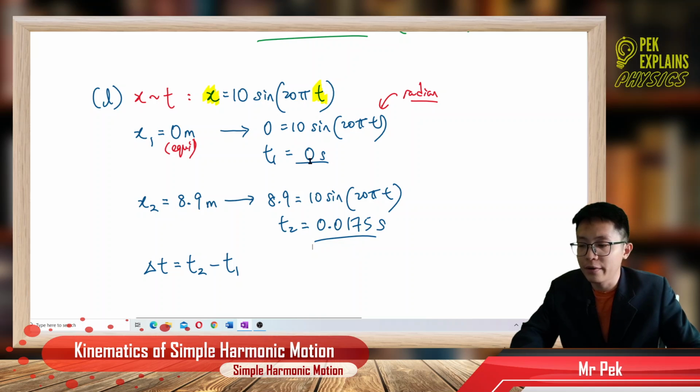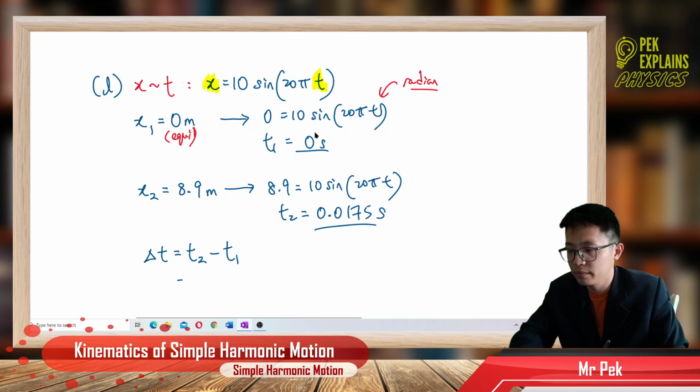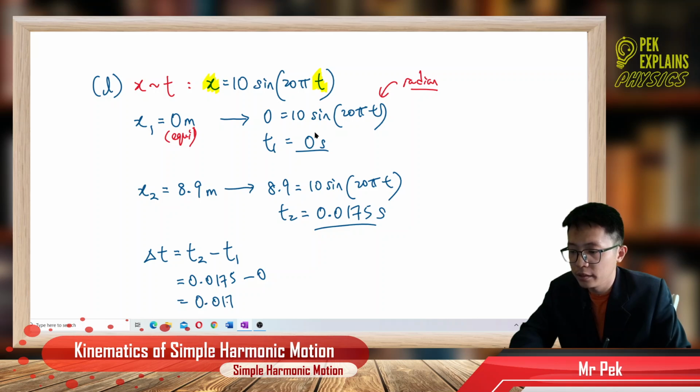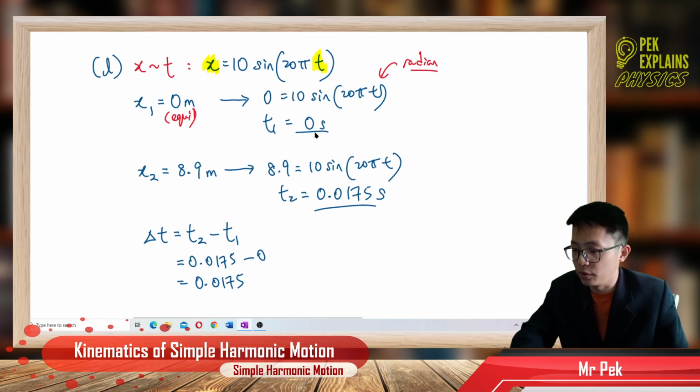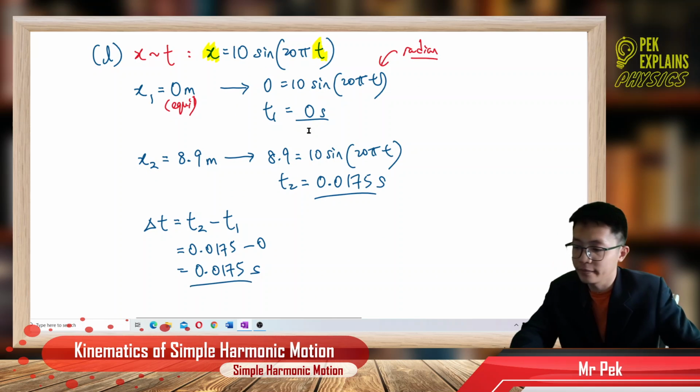We want the time required to move from equilibrium to 8.9 meter, which is the difference between these two times. The final time minus the initial time, 0.0175 minus 0. So the time taken is 0.0175 second.